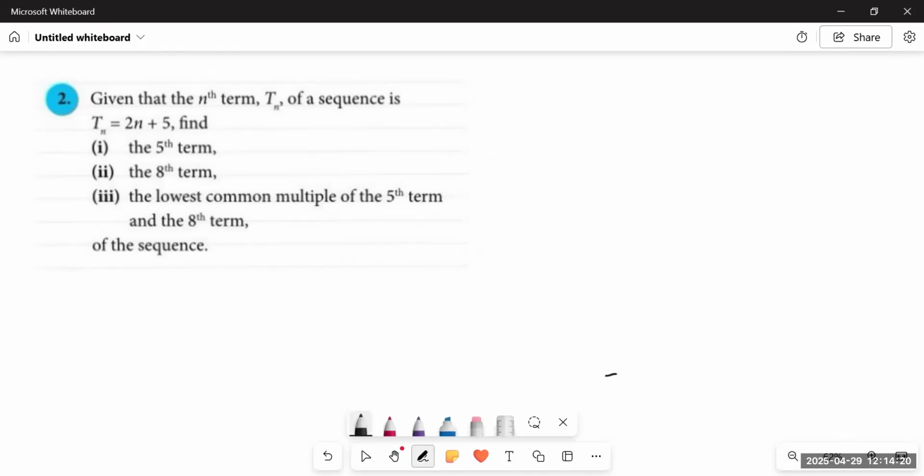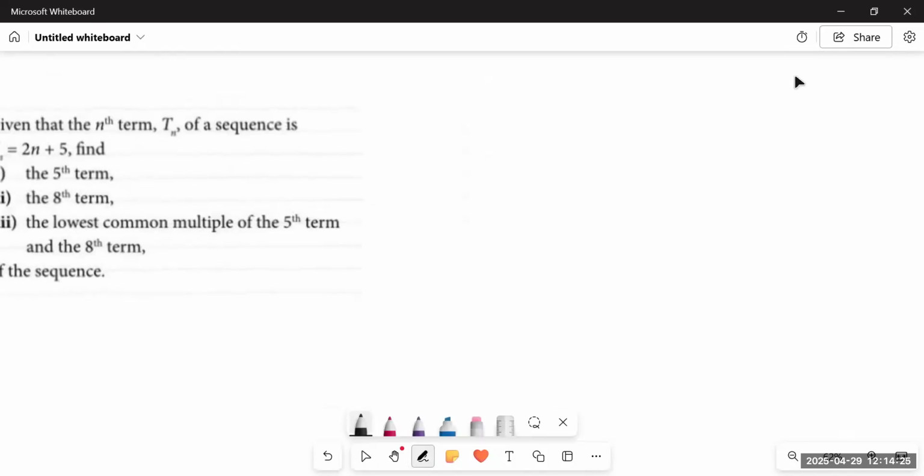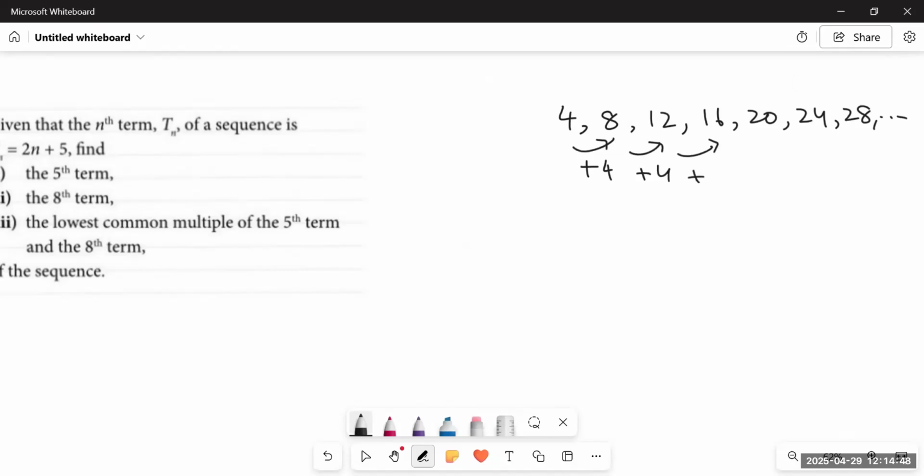Let's take a sequence over here: 4, 8, 12, 16, 20, 24, 28, and so on. It's a sequence, and now you can understand that the sequence follows a rule of plus 4 every time. 4 plus 4, 8, 8 plus 4, 12, 12 plus 4.